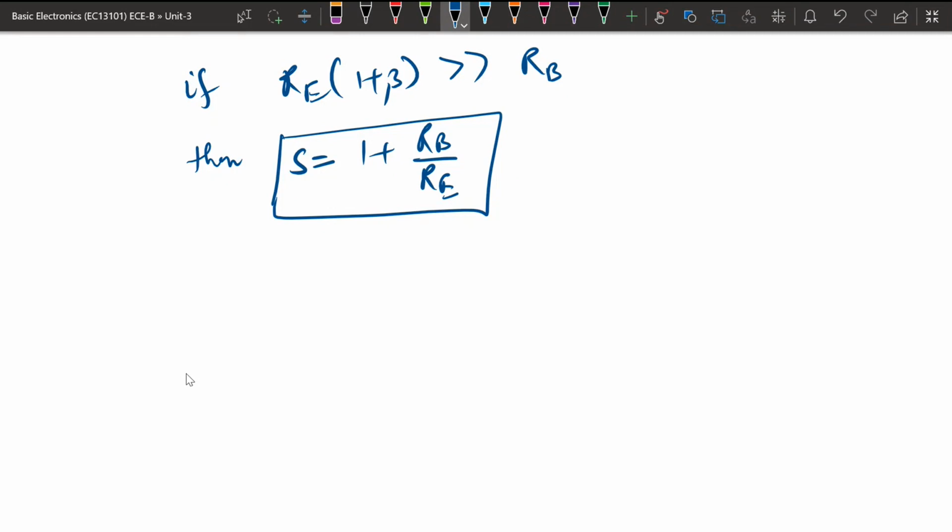Then the circuit stability can be controlled by the voltage drop across the Re only.